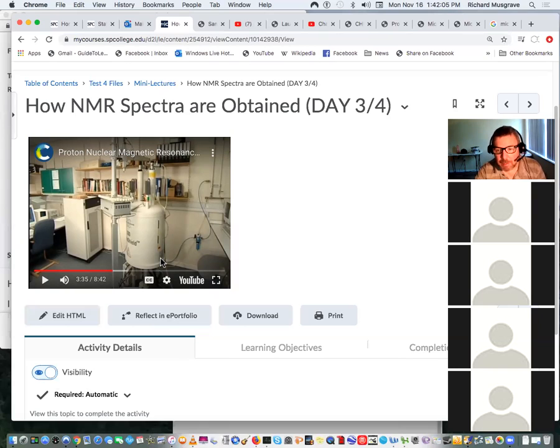We don't have an NMR machine at St. Pete College. We never will have one. It's just too expensive and it costs too much to maintain. So the main focus for me is just being able to show you spectra and then show you how to go ahead and interpret them.